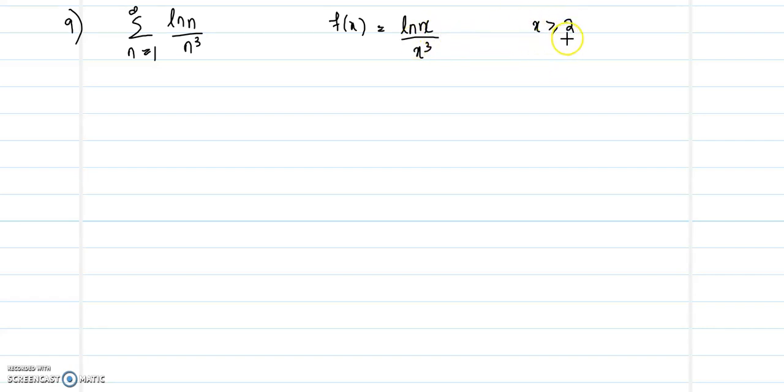So at 1 it will be 0, so from 2 onwards it will be positive, and it will be continuous in this portion.